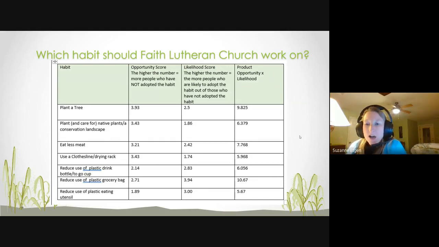So let me pause and see if anybody has questions, or which behaviors, if you were Faith Lutheran, might you think about adopting? Oh, what's the scale? Great. It's a 5-point scale.